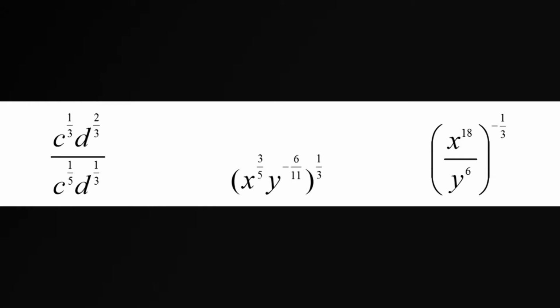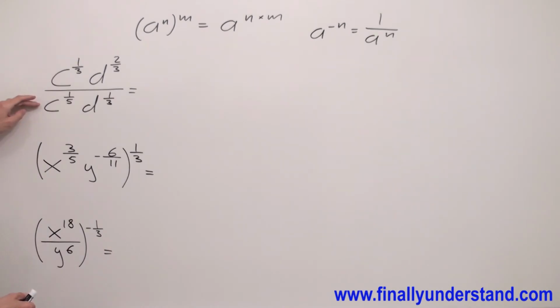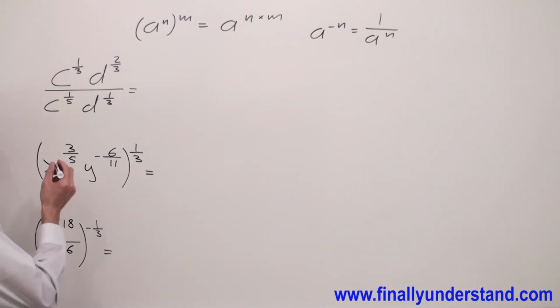Let's take a look at the first example. We have c in the numerator and c in the denominator, and I have d in the numerator and d in the denominator. Anytime we divide variables with the same base, we're supposed to keep the base and subtract the exponents.